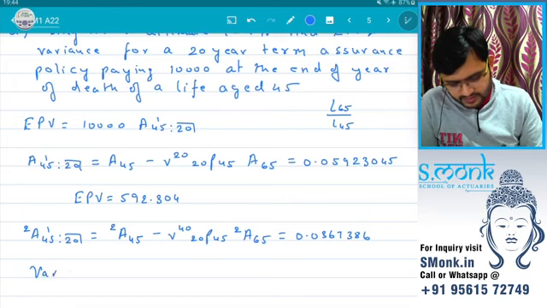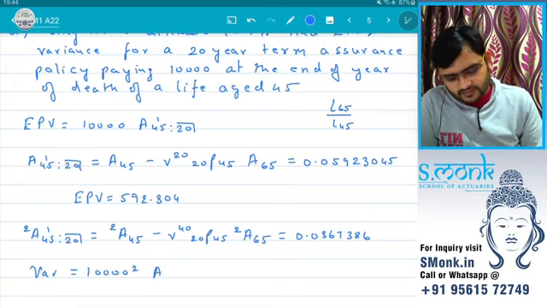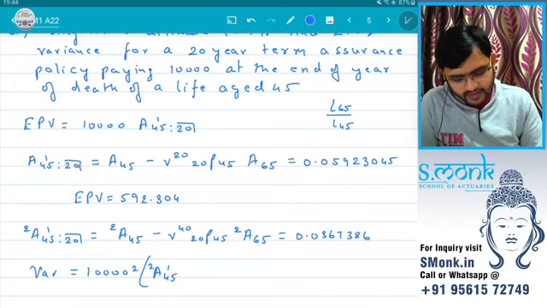Variance, we'll say 10,000 squared into 2A 45-20 minus A 45-20 whole squared.